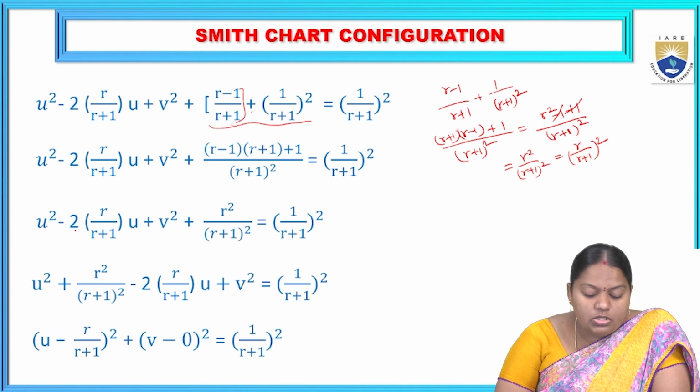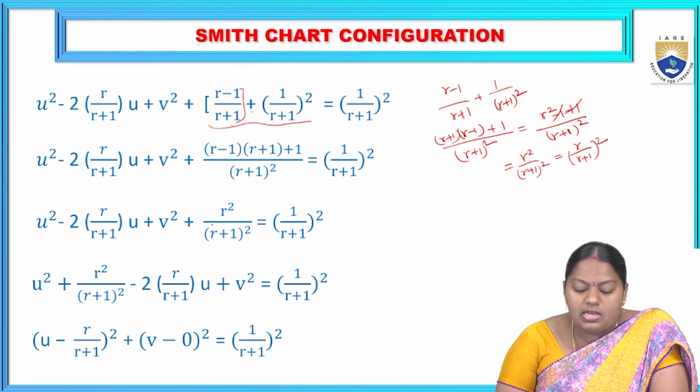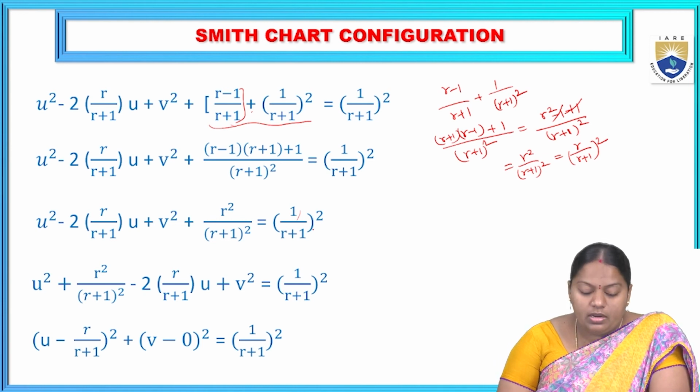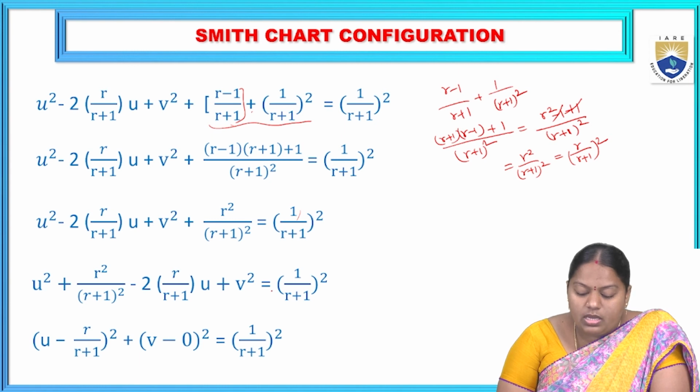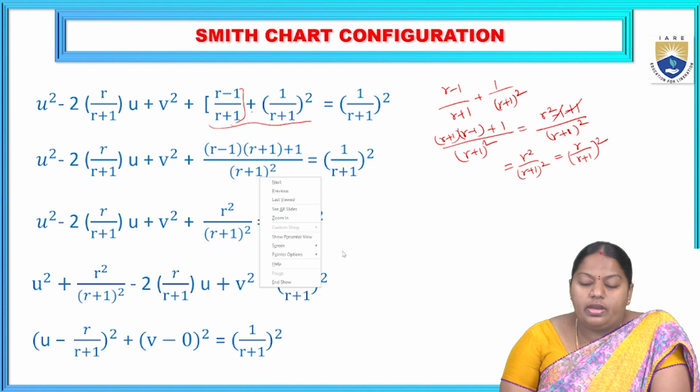So u square minus 2 into r/(r plus 1) into u plus v square plus r square/(r plus 1) whole square is equal to 1/(r plus 1) whole square. Now, u square plus r square/(r plus 1) whole square minus 2 into r/(r plus 1) into u plus v square equals, on the right-hand side, 1/(r plus 1) whole square.